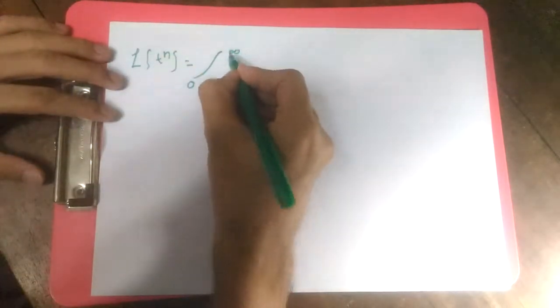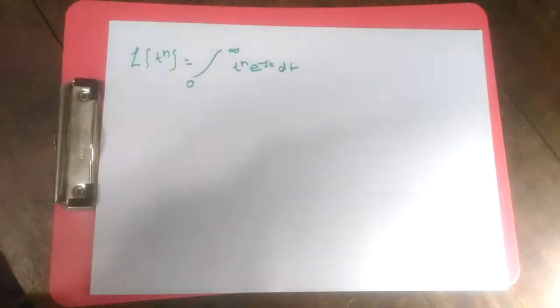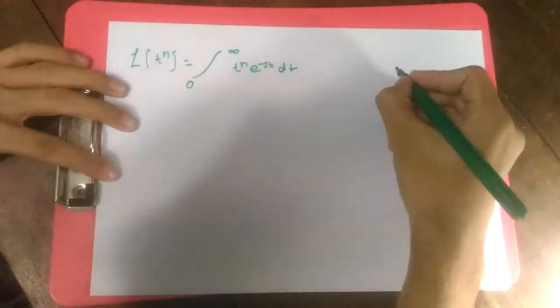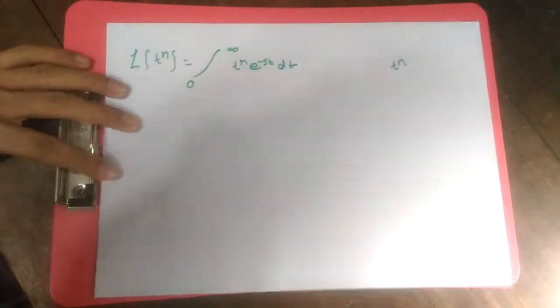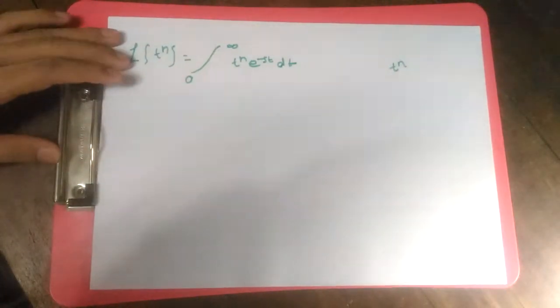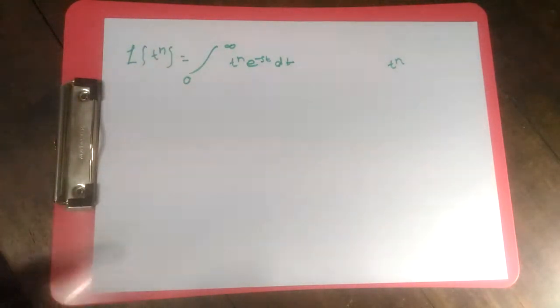Alright, the Laplace transformation of t to the power n is equal to the integral from 0 to infinity of t to the power n e to the power minus st dt. Now this is begging for integration by parts. The people who know some of the shortcuts will obviously do it with the DI method.